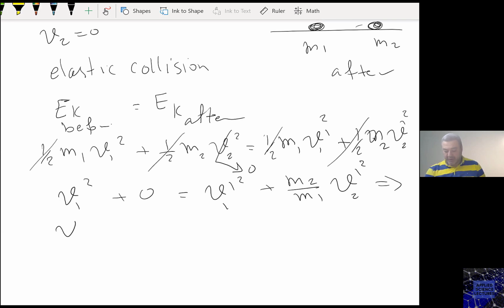So I have V1 prime squared plus M2 over M1 V2 prime squared equals V1 squared.